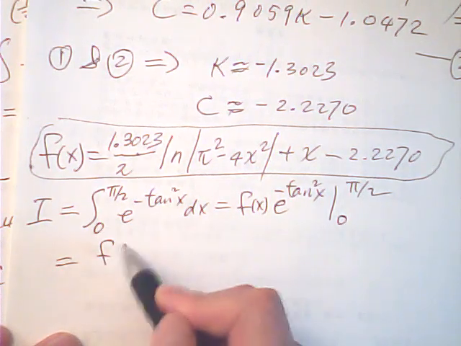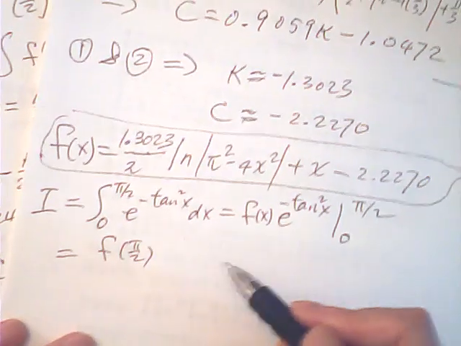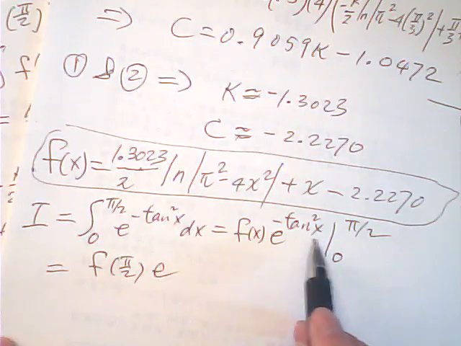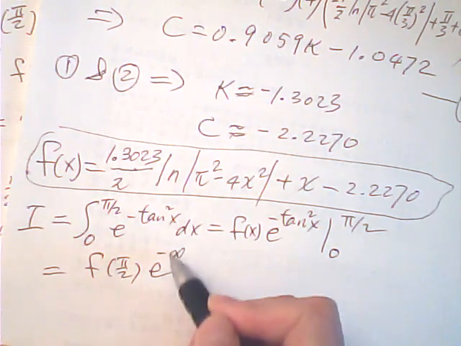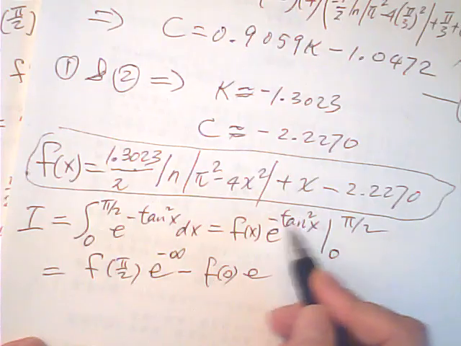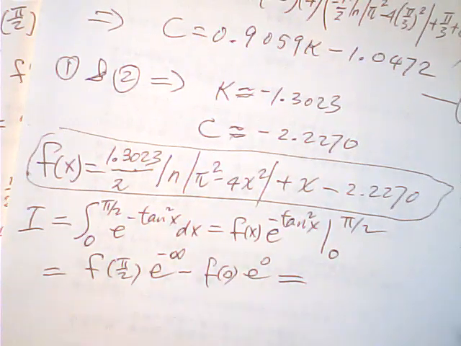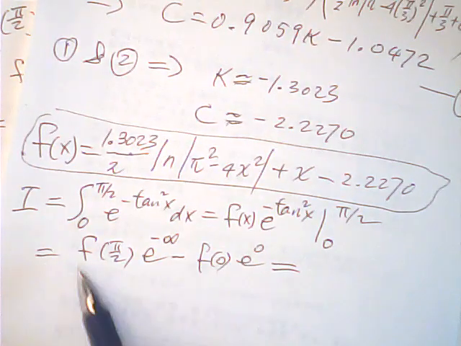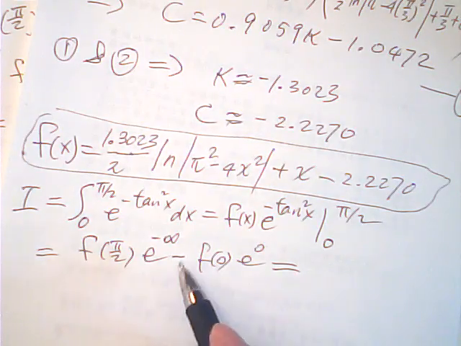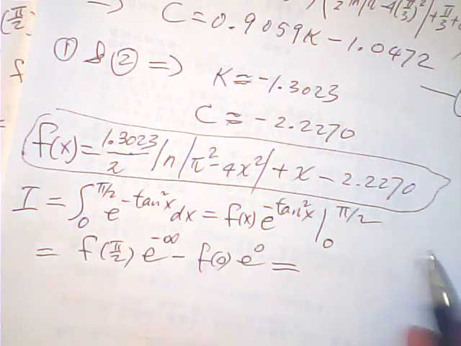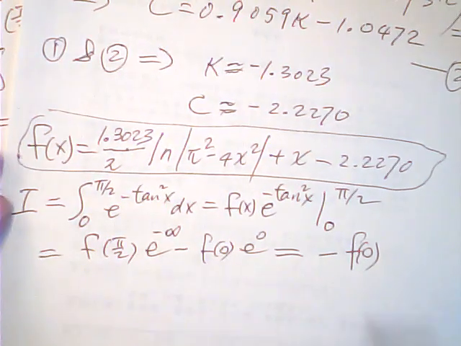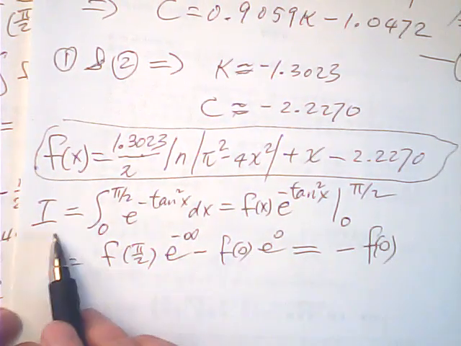And this is f of half pi times e to the negative tangent half pi, tangent half pi is infinity, right? It's negative infinity, and e to that is 0. And minus f of 0 times e to the tangent 0, which is 0, this is equal to 1. So it's negative f of 0.